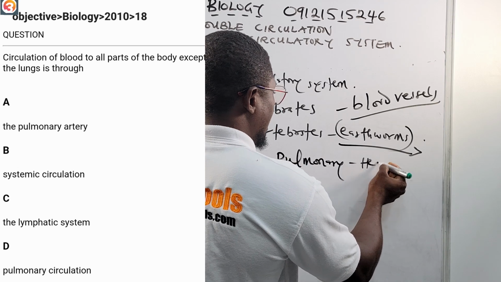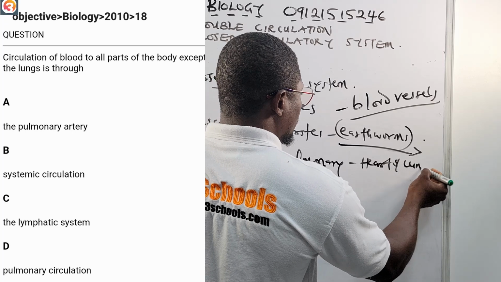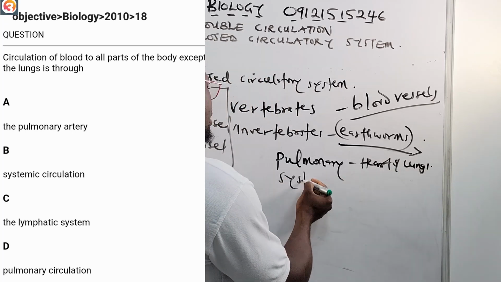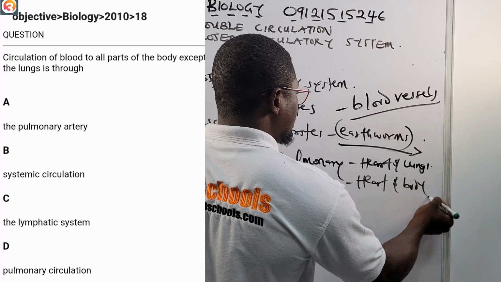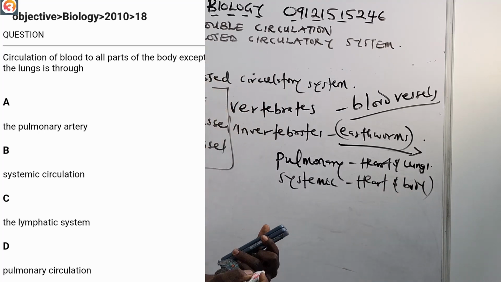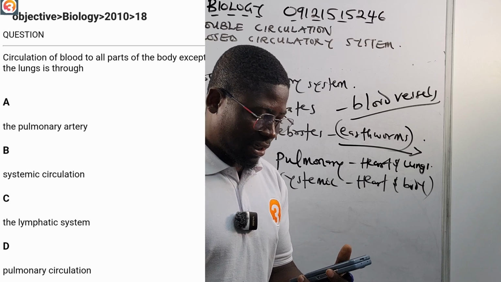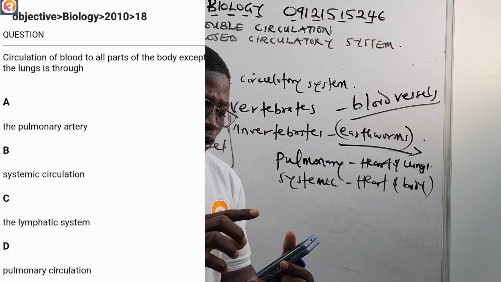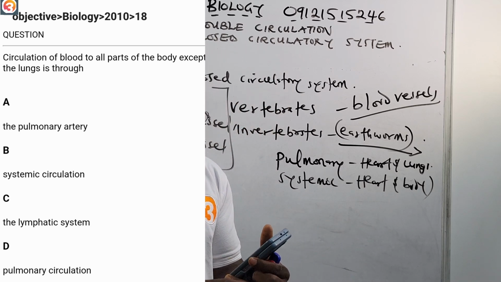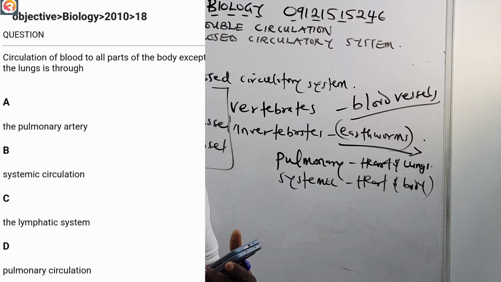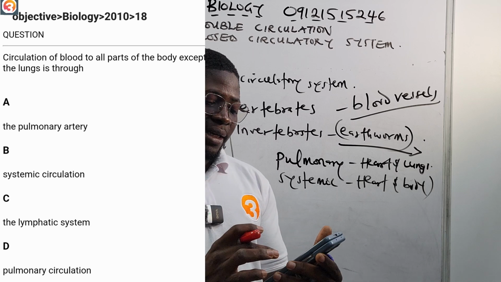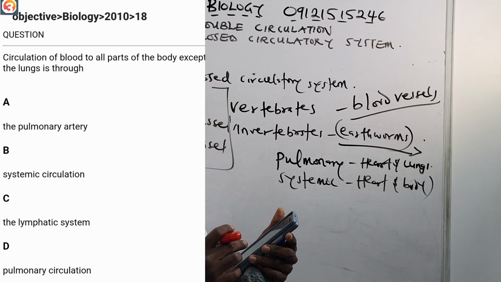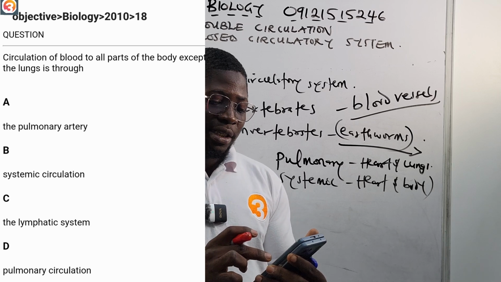A says pulmonary artery, B says systemic circulation, C says the lymphatic system, D says pulmonary circulation. The correct answer is option B, systemic circulation.